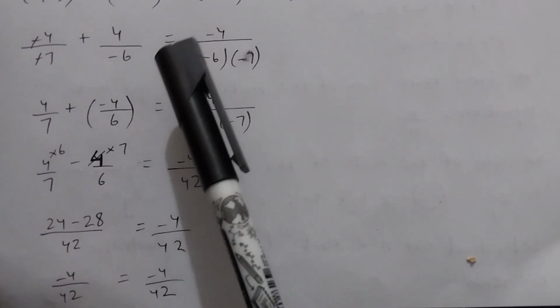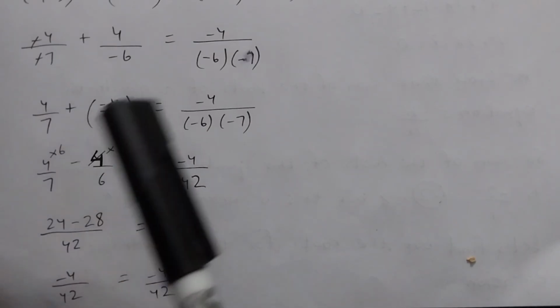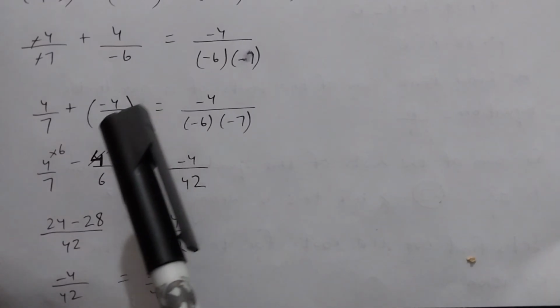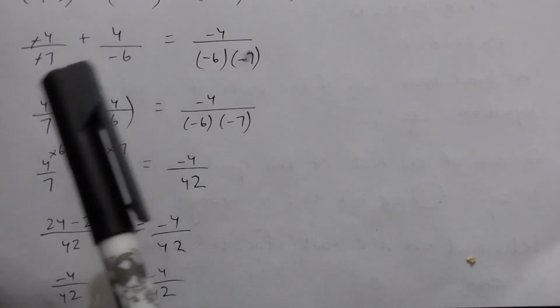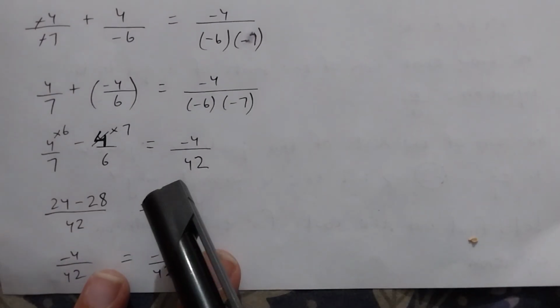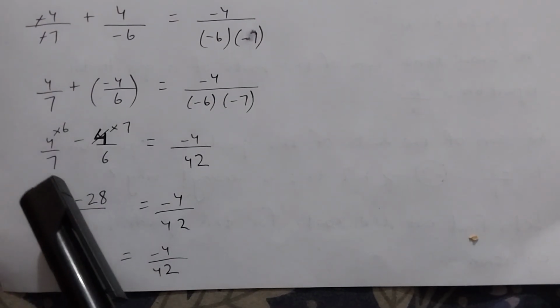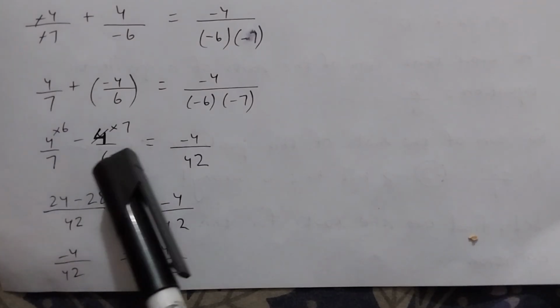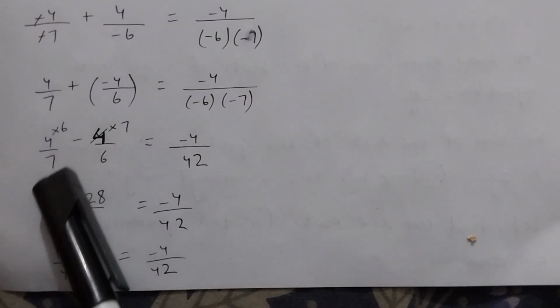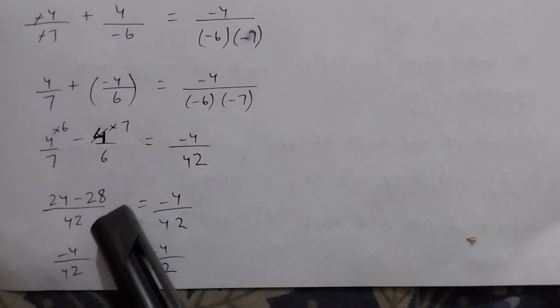Actually, I shouldn't have put this equal sign between these two, because we want to check whether they are equal or not. So I should have found the left hand side separately and the right hand side separately, my bad. So 7 and 6, when we take the LCM of this, we get 42, and when we solve, we get 24 minus 28.